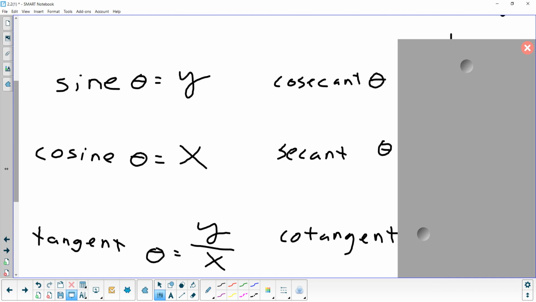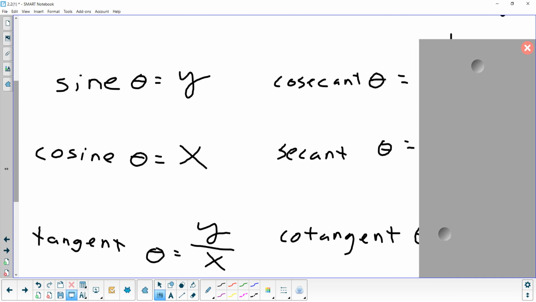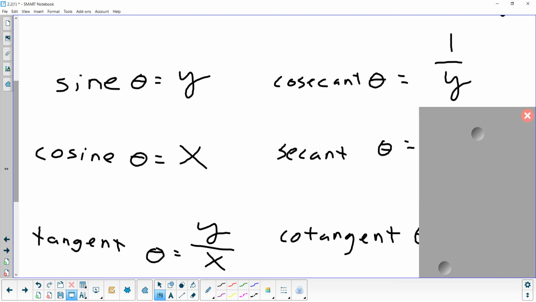Now, these other three trig functions are not used as much, but I wrote them in two columns on purpose because there's a connection between the one across from it in the same row. Let me show you what the cosecant is. So the cosecant is 1 divided by y.